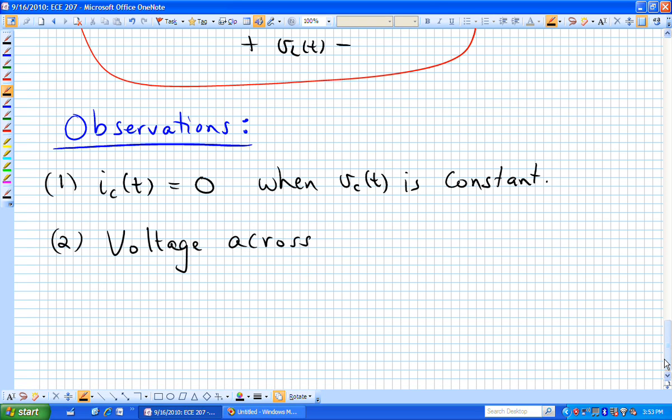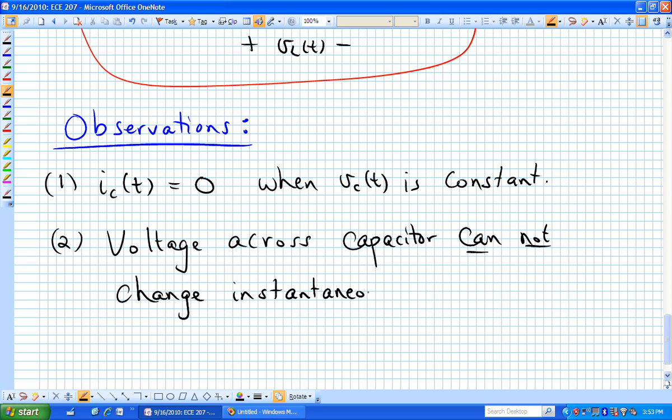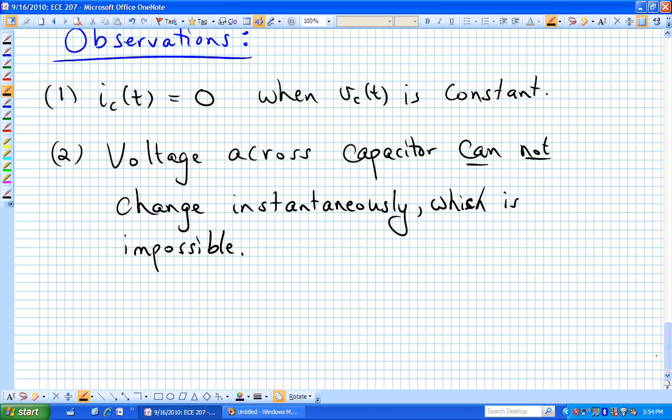Meaning the voltage across a capacitor cannot change instantaneously. In our capacitor circuits, we would then expect that voltage to not be changing instantaneously on the capacitor.